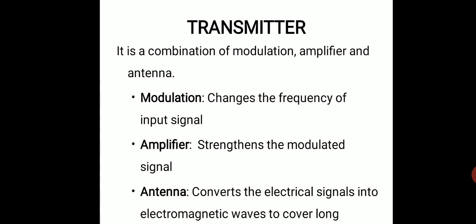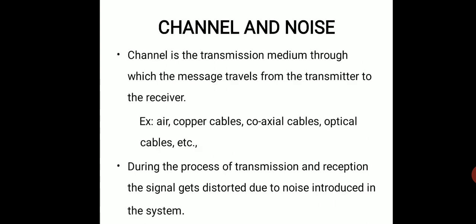So in this block, electromagnetic waves with high energy and high frequency signal are transmitted into the channel. Channel is nothing but a transmission medium through which the message travels from transmitter to receiver. Some important transmission mediums are air, copper cables, coaxial cables, optical cables, etc. During this process of transmission and reception, some noise may be added to the signal.